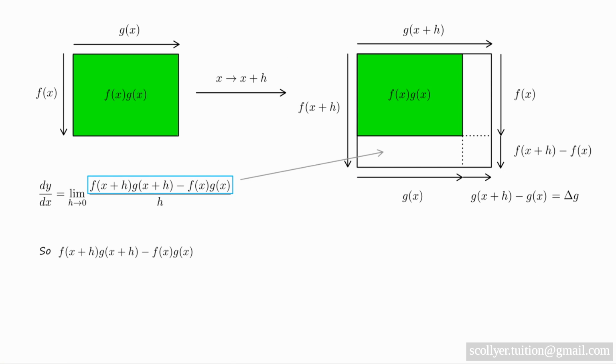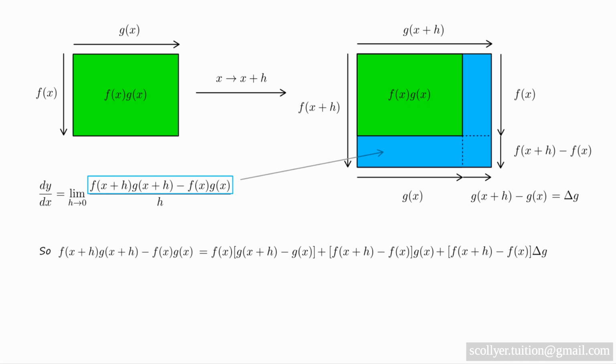And now we can represent the numerator as the sum of these 3 areas as follows. It is the area of this blue region, which is f of x times g of x plus h minus g of x, plus the area of this region, which is f of x plus h minus f of x all times g of x, to which we finally add the area of this region, which is f of x plus h minus f of x all times delta g.